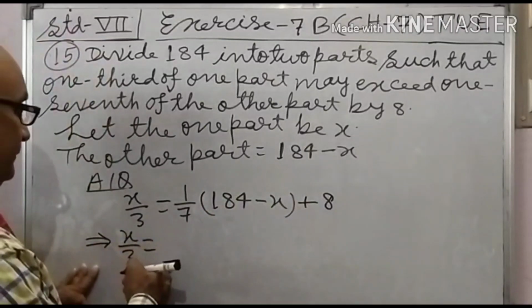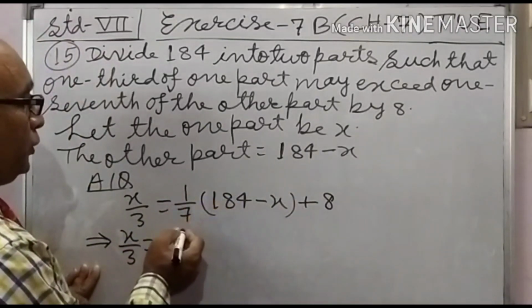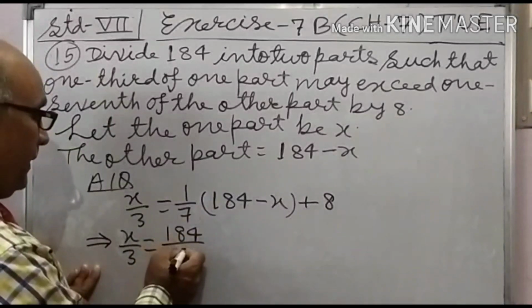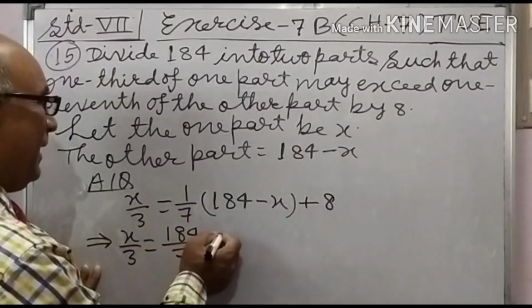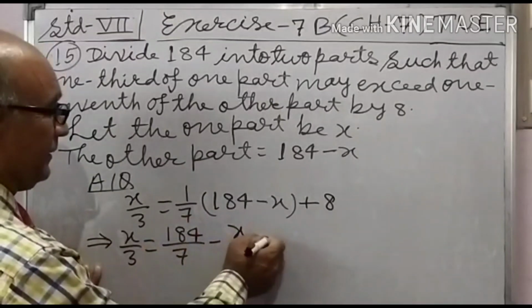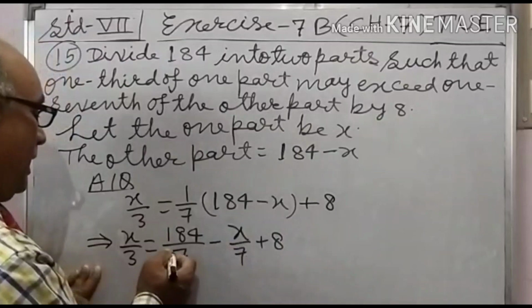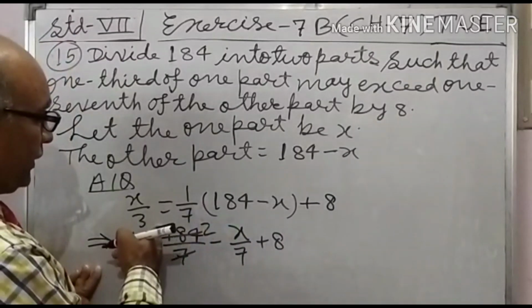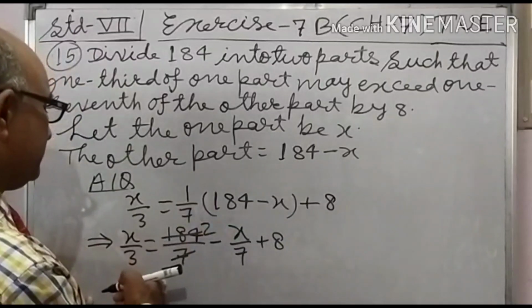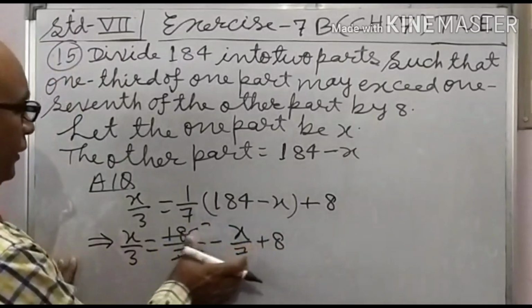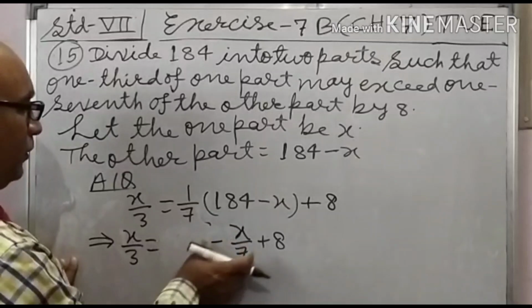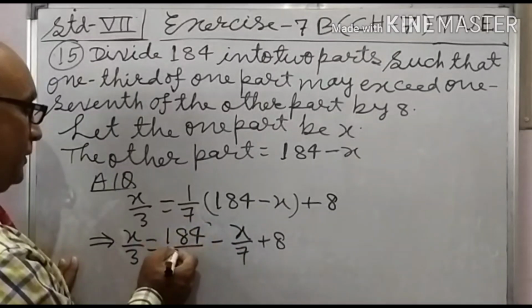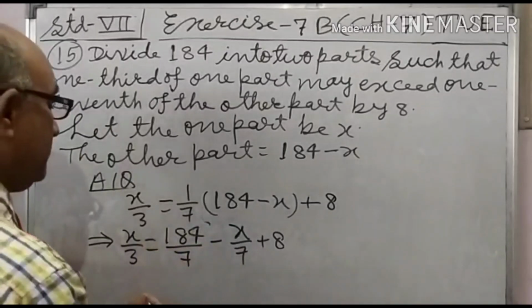x by 3 equals 1 by 7 into 184, that means 184 by 7 minus x by 7 plus 8. Now it is not cancelled, so write 184 by 7.